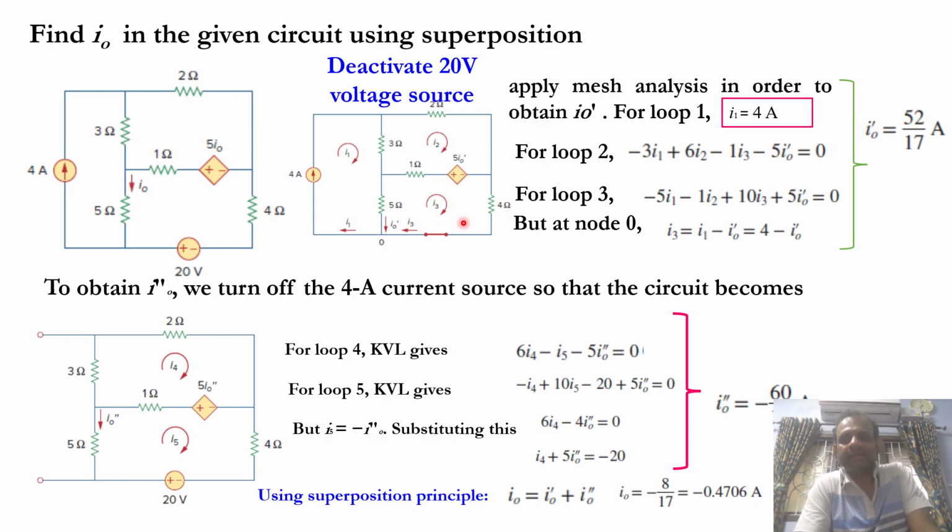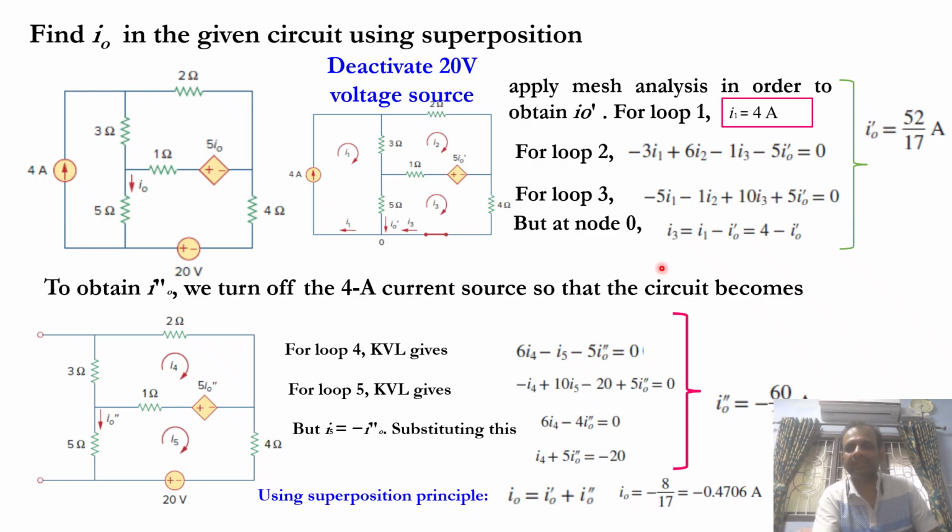I3 direction is taken in loop 3: minus 5 I1, minus I2, 10 I3. How do we get 10? 5 plus 4, 9 plus 1, 10. So 10 I3, I3 is positive, plus 5 I naught. Here in this equation they have taken voltage drop as positive and voltage rise as negative.